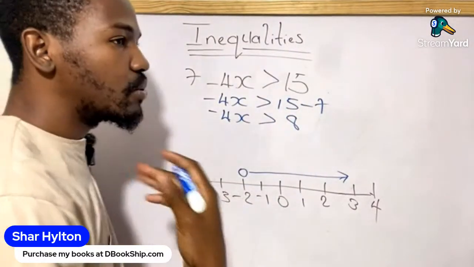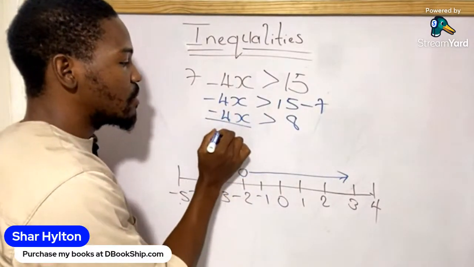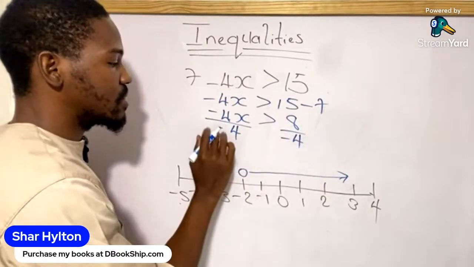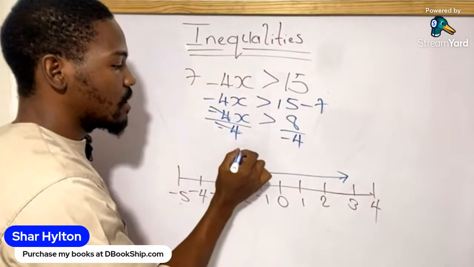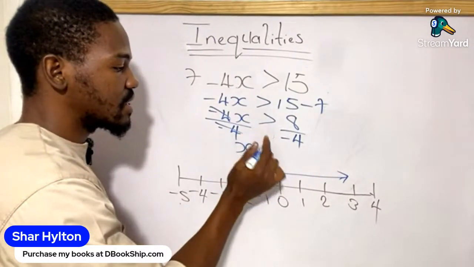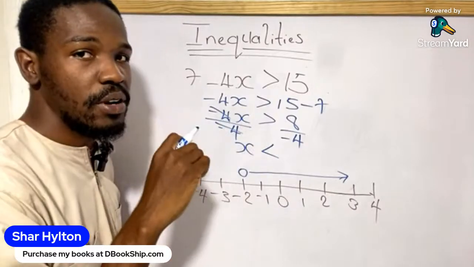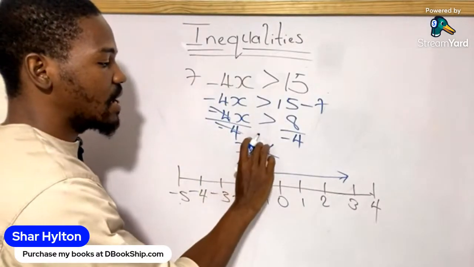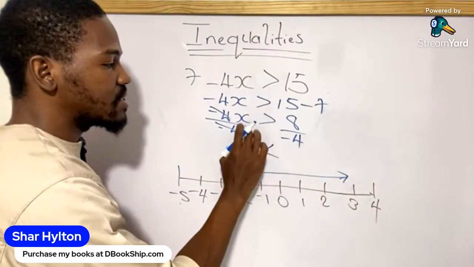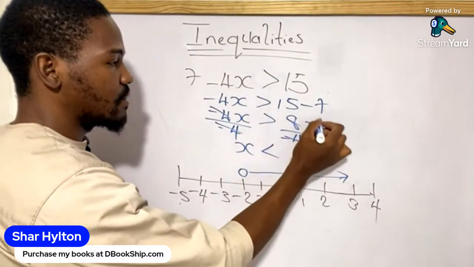Now, here is the rule that we actually ignored: whenever we're dividing both sides by a negative, the sign, which is a greater than sign in this case, is going to flip. So the sign now must change from saying x is greater than to say that x is less than negative 2.